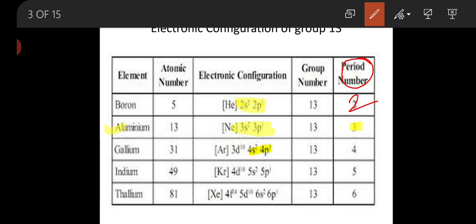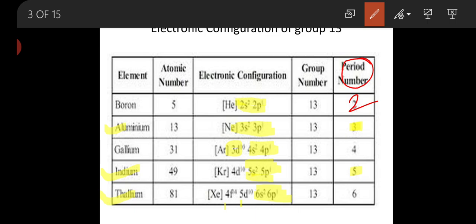Gallium has 4s and 4p; before 4p, the 3d orbitals come. Indium in the fifth period has 5s and 5p. Thallium has 6s and 6p; before that come 5d and 4f, these are the energy levels.